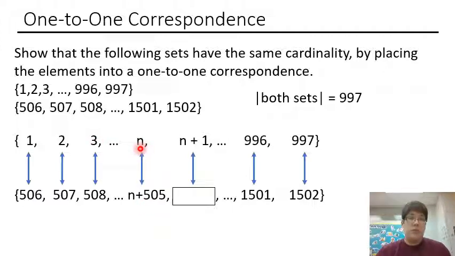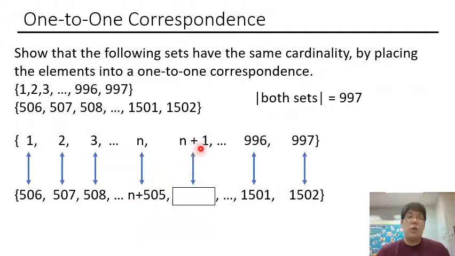Let's say that n is 4. So if this was number 4, this would be 4 plus 505, which would be 509, which is exactly the next number that comes in the set. If I wanted to know what the 60th number was, that would be n, and I would just take 60 and add 505, and it would be matched up with 565.